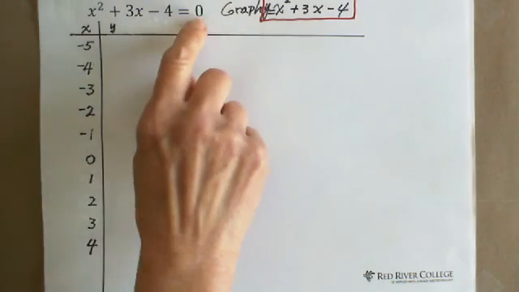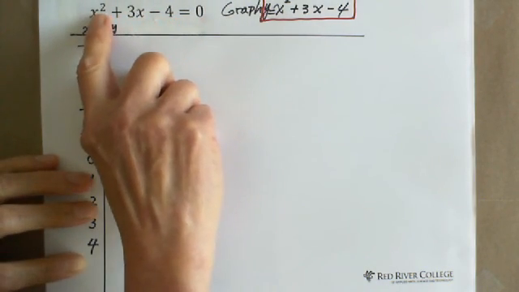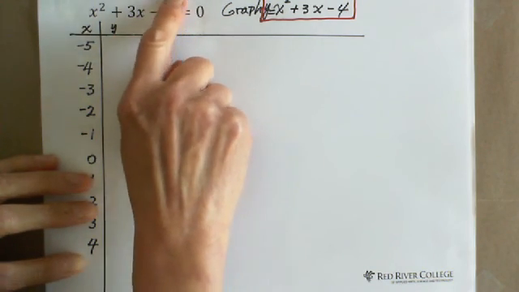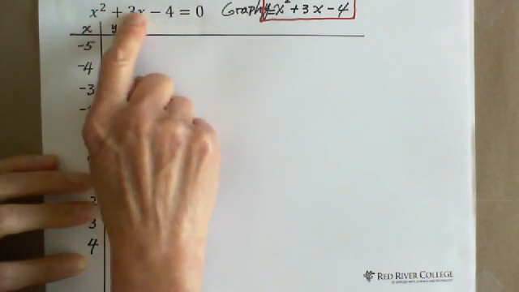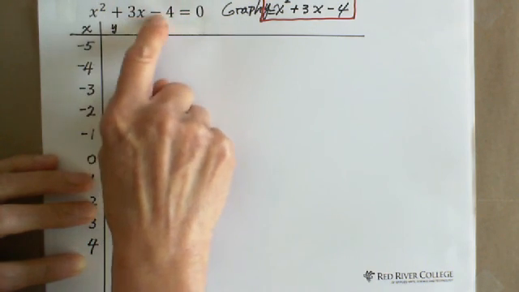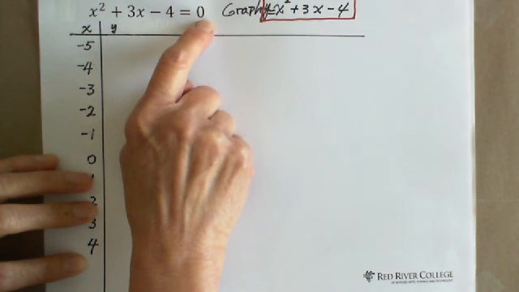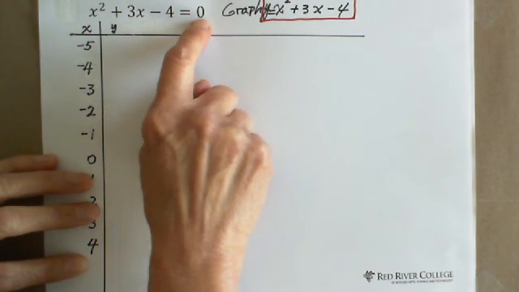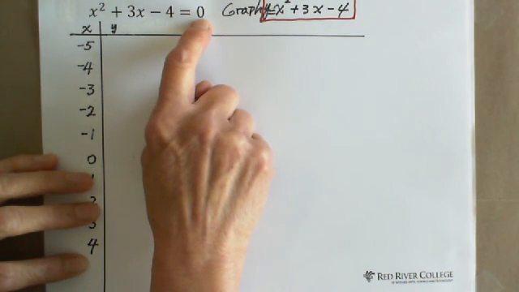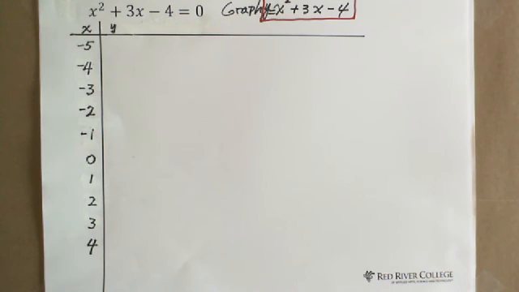Equals 0 means we're solving this equation. This is a quadratic function, which is a parabola. When we graph the parabola, we want to find the intercept with the x-axis, which is y equals 0. So let's set up a table of values.